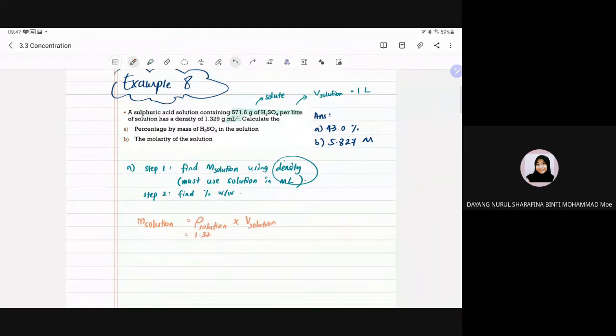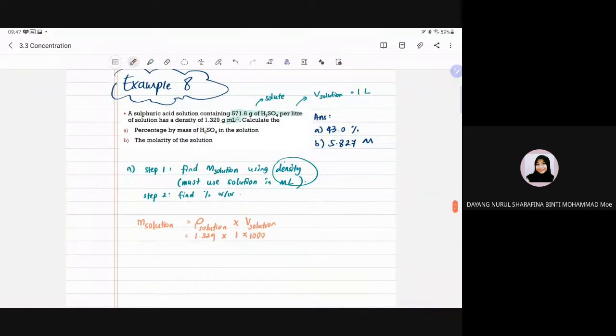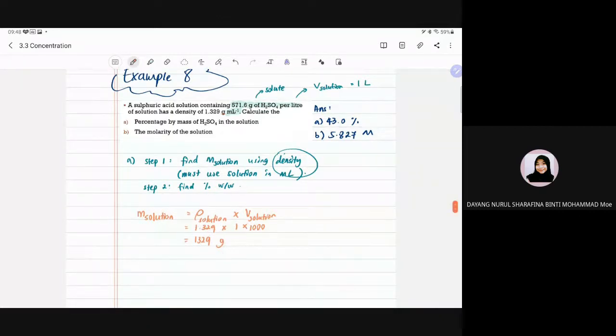Darab volume of solution iaitu 1 liter, tapi kena tukar dalam bentuk ml sebab dia punya density dalam ml. So nak liter kepada ml kita darab 1000. Kita akan dapat 1329 gram. Ini adalah mass of solution. Kemudian nak check percentage by mass.